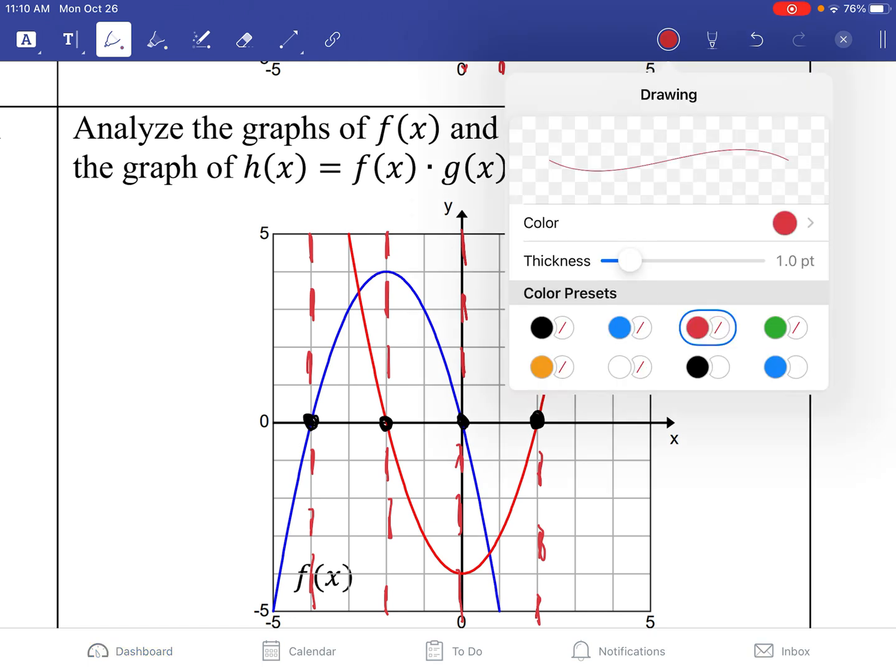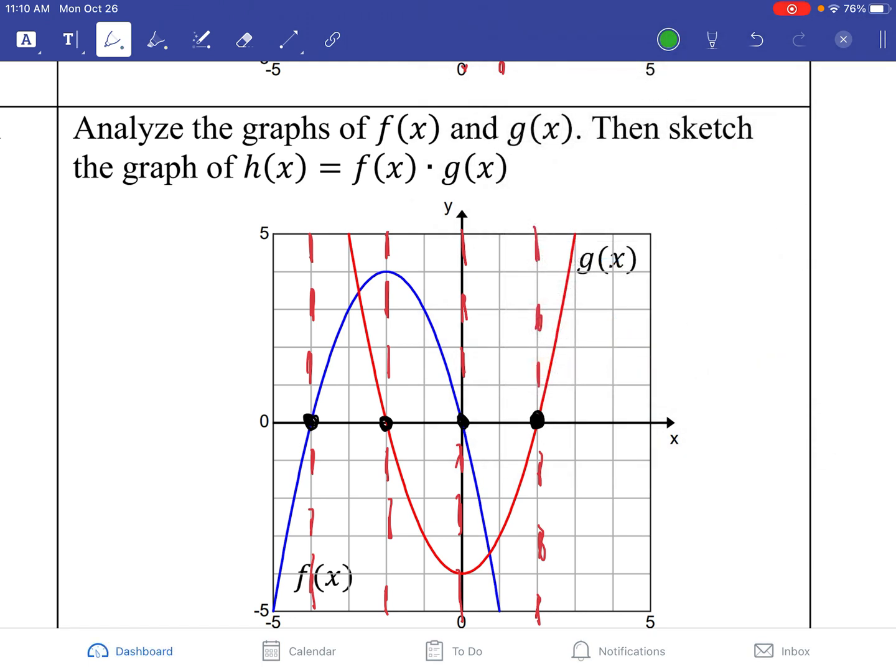Okay, do green. All right, and the first graph and the first region, so this red graph is going to keep going up. So that's going to be positive over here on the left, and the blue graph is going to be negative. So a positive times a negative is going to equal a negative.